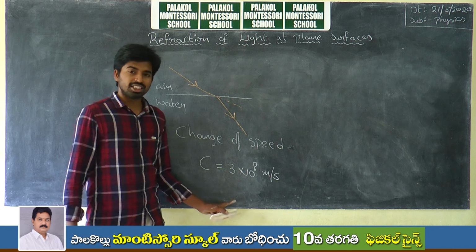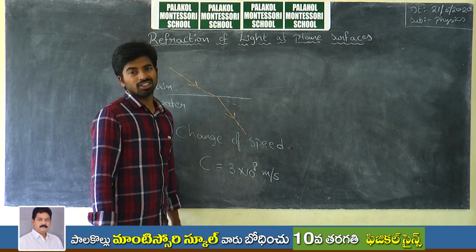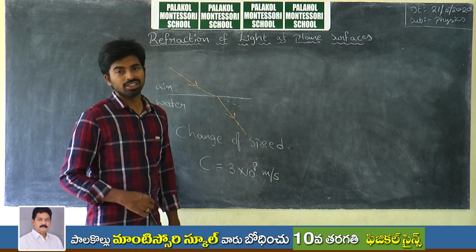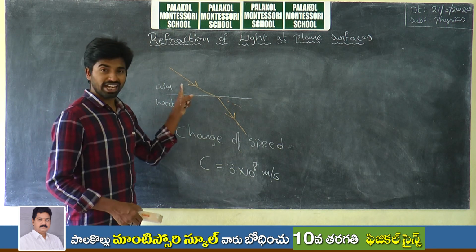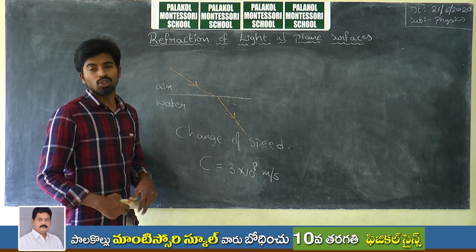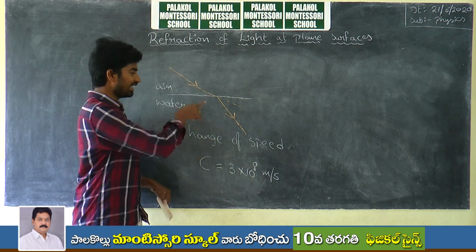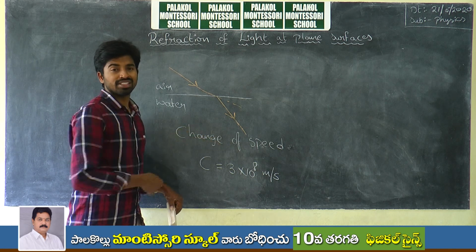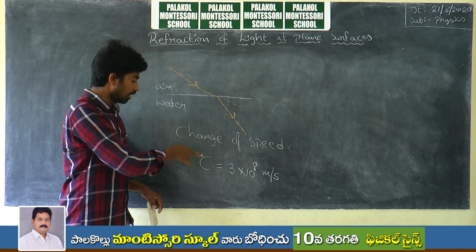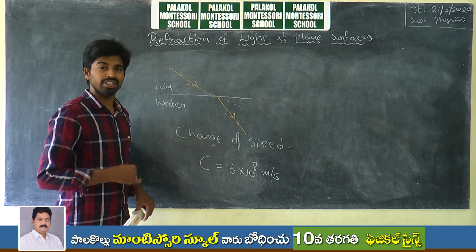So this is the speed of light in air. If the light changes its medium, the speed also changes. The speed of light is different in air compared to its speed in water. Because of that change, the light undergoes a change in its direction.